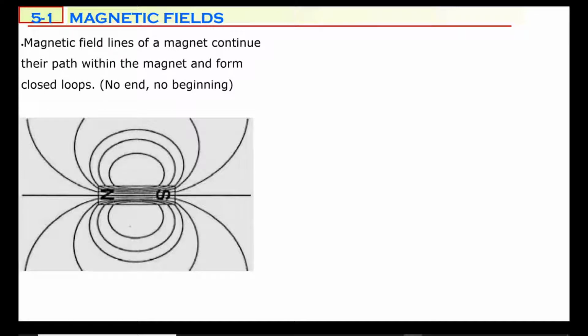And when you look at the shape, you cannot see any direction for magnetic field lines, but magnetic field is a vector quantity, so we need to determine a direction. Conventionally, we determine that direction by putting a compass around the magnet.